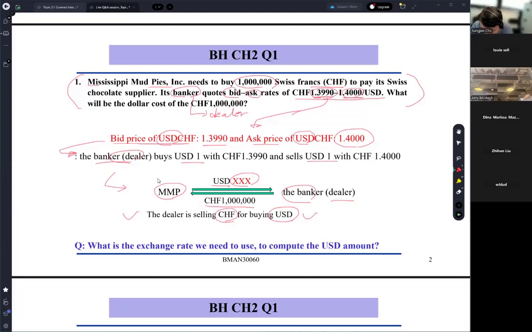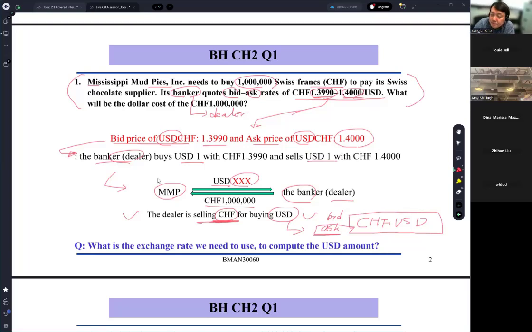So what is going to be the price for these transactions? So dealer is selling CHF for USD. Which price? Bid price or ask price? Dealer is selling Swiss francs. That means ask price.